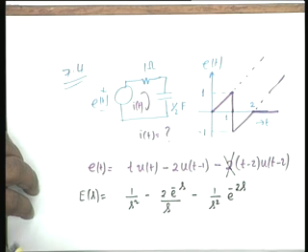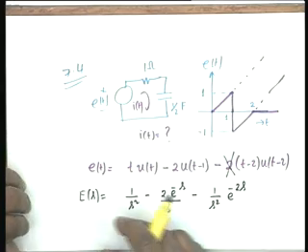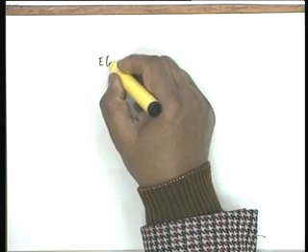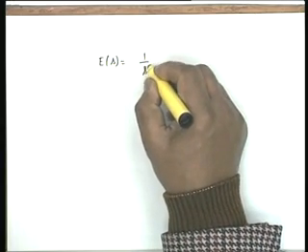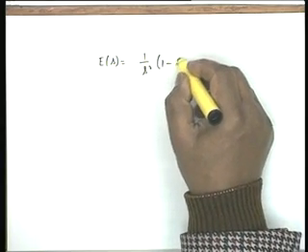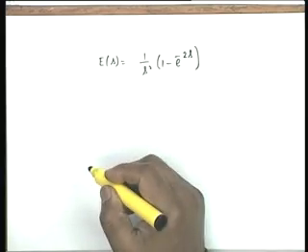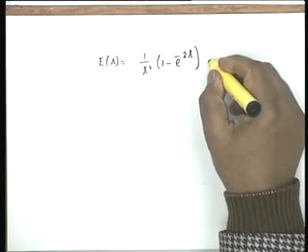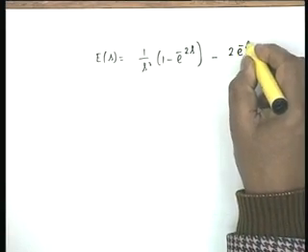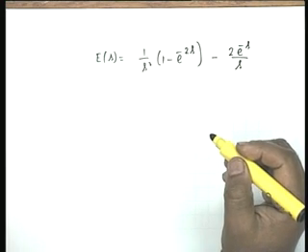Yes, of course it shall. Very good. Any other mistake? No. All right. So, my E of s, I reproduce here: 1 by s squared times 1 minus e to the minus 2s. I combine the first and the third term, minus 2 e to the minus s divided by s.